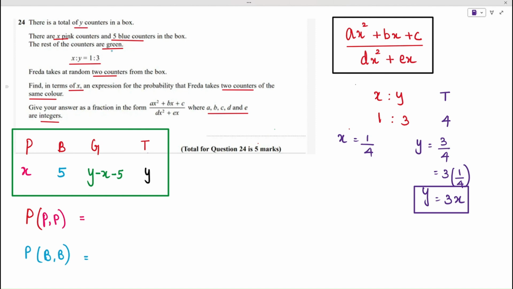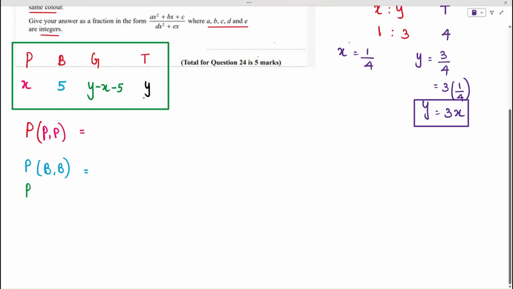And then the probability of taking green and then another green. As far as we know, both of these counters are taken at the same time, so there's none of the counters being replaced.